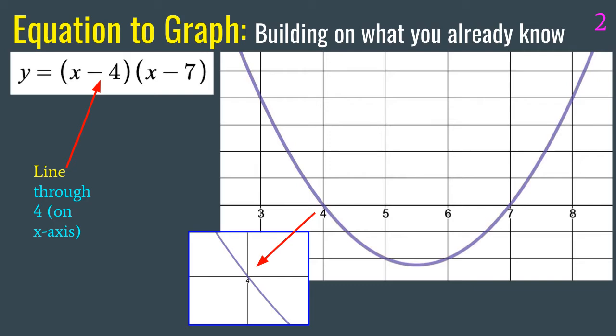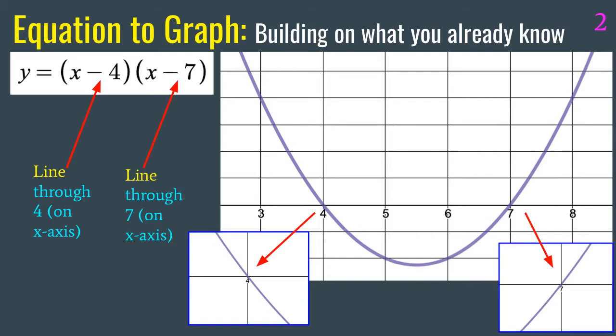But what I want you to notice is that it's making a line through 4, and it's also making a line through 7. So if I continue to go forward, I'll notice that there is a line right here. If I zoomed in on this spot, I notice there's a line cutting through right there.